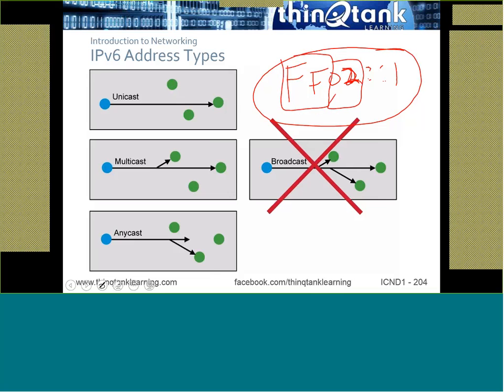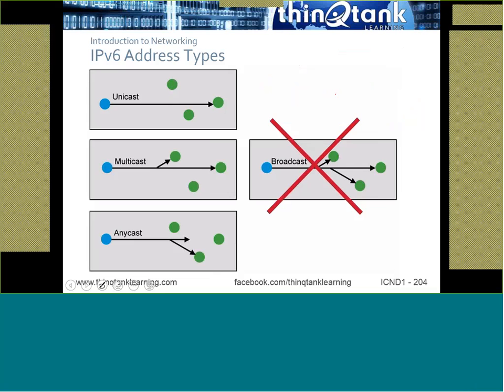But this is a scoped multicast, meaning it can only go a certain distance. That's really the same concept we have in broadcasting in IPv4. In IPv4, broadcasts don't go past the router. It's still the same thing in IPv6. Multicasts have a scope limitation. They can only go a certain distance.